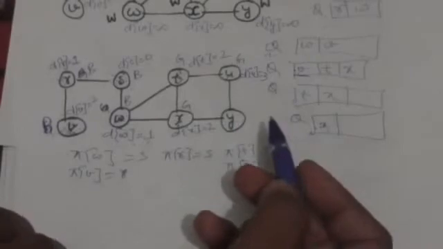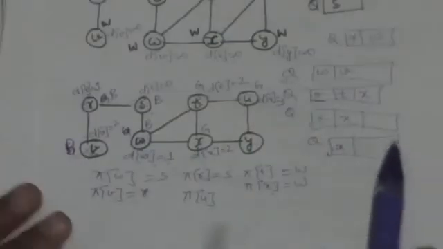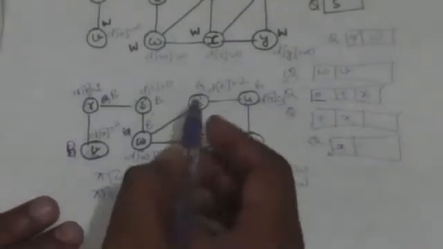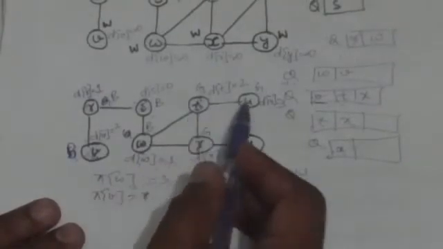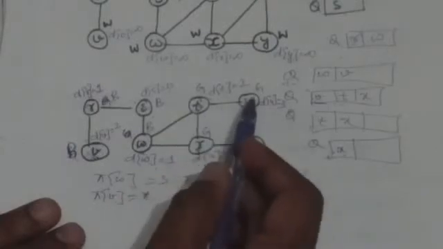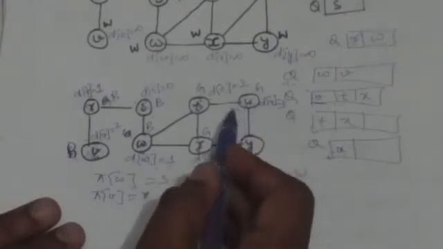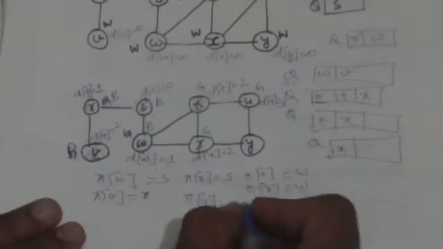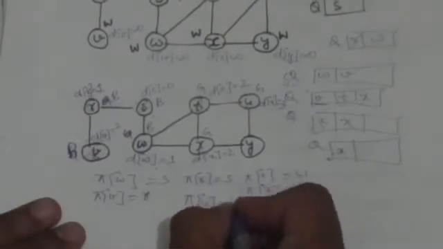Now we will set the vertex t as the predecessor of vertex u, right? Vertex t has become the predecessor of vertex u. So the value of variable pi u will become equal to t.